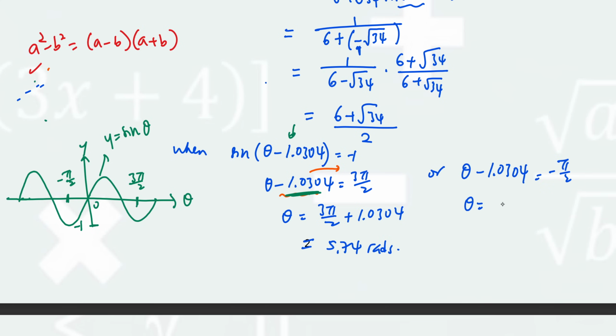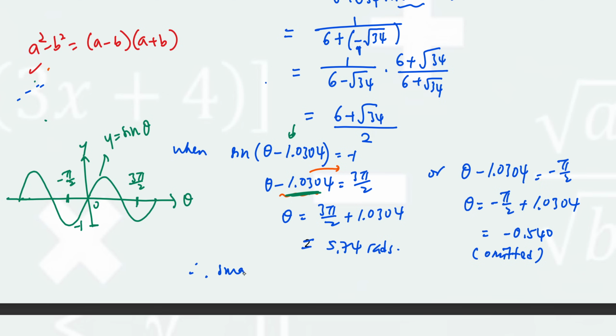Then my theta is minus half pi plus 1.0304. From here you will find out that it is a negative value, so this one will not be accepted. So omitted, because we are looking for the smallest positive theta.